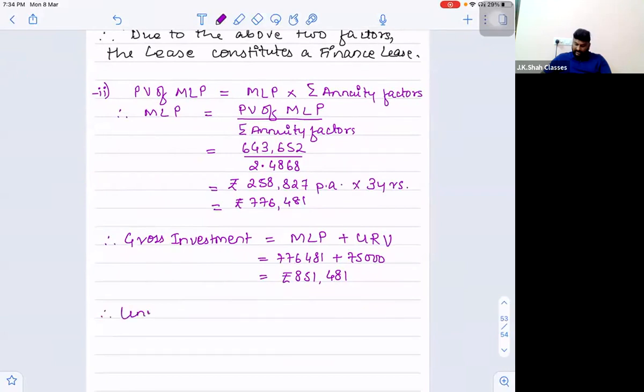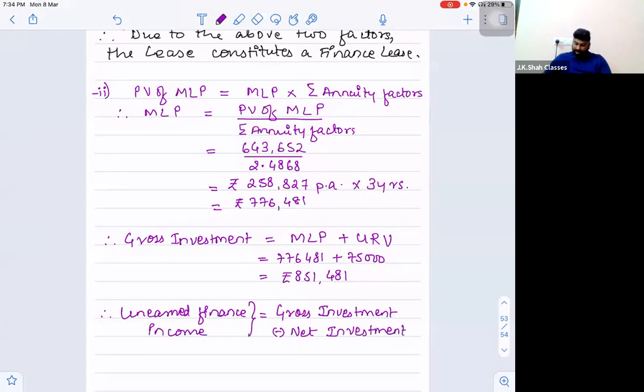So therefore, unearned finance income is nothing but gross investment minus net investment, that is 8,51,481 gross minus 7 lakh net.